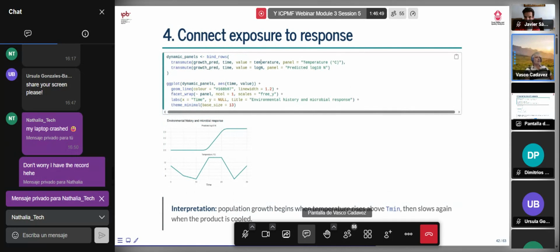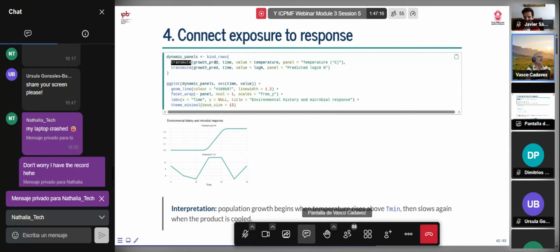Okay, so if you want to connect this to the exposure, let's say the curve with the profile with the growth, with the curve of the growth of the microorganism, then you can make these dynamic panels. This is a function that changes your data set.